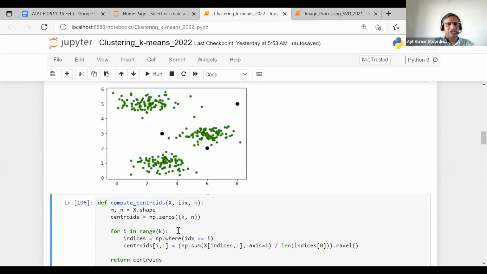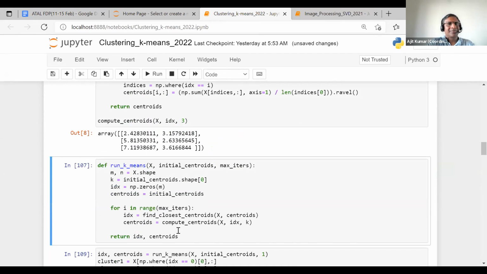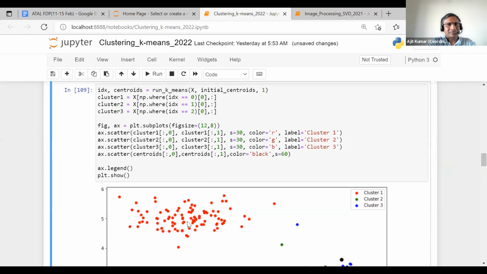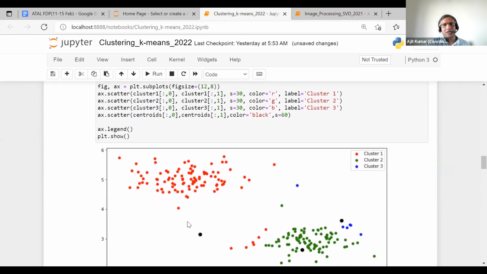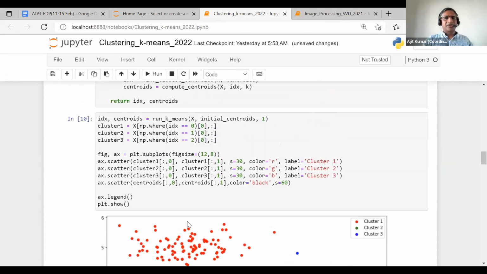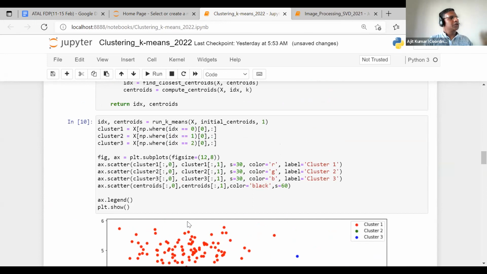Next stage is to compute all these indices. Now, after getting the initial centroids, you look at the points which are close to whichever centroid, and put them in one box.